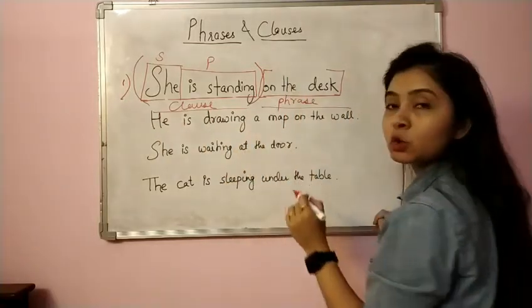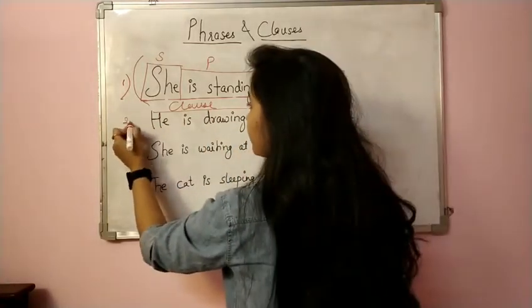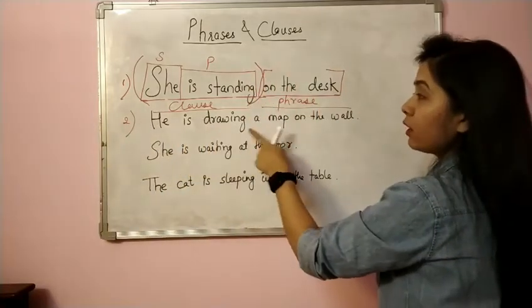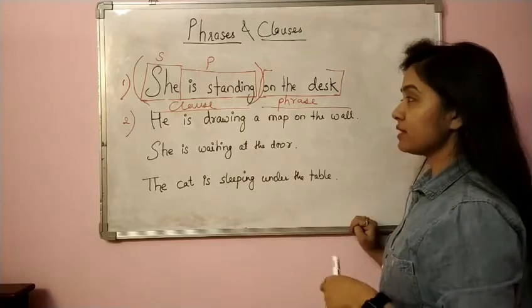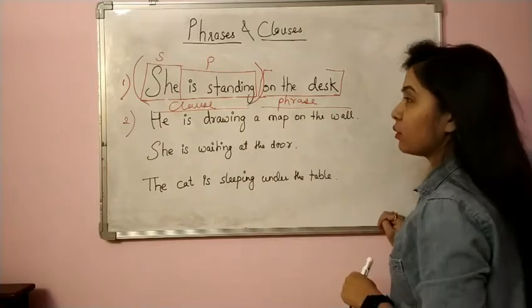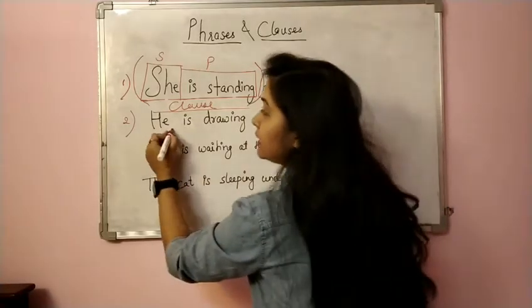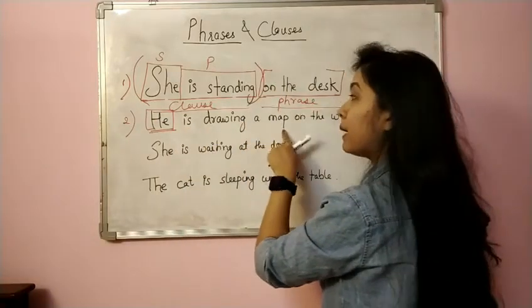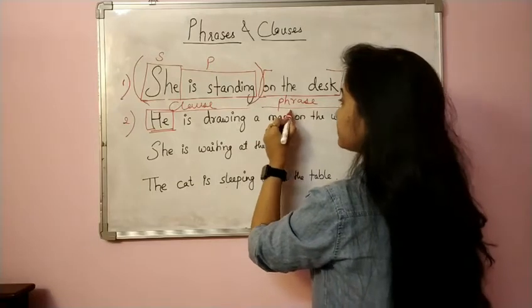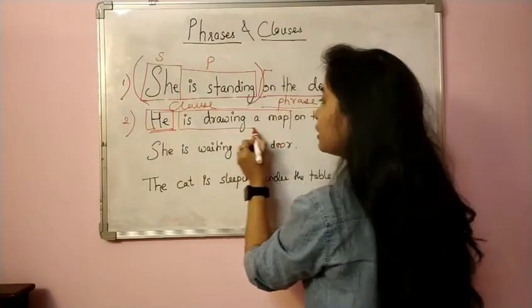Now move on to the next example. He is drawing a map on the wall. Now identify the clause as well as the phrase. You can very well understand he becomes the subject, and is drawing a map becomes the predicate.